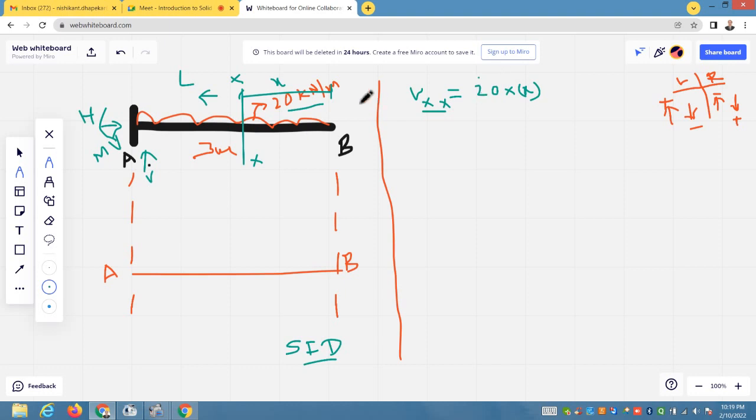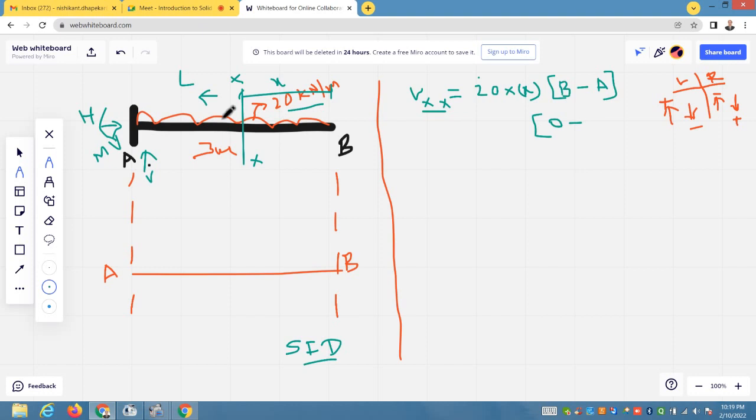Now you see here, this UDL is acting in downward direction on the section right, so it is positive. Now this section is valid from B to A. If the section moves or slides towards B, this x value will decrease, and when the section reaches B, x will be equal to 0.